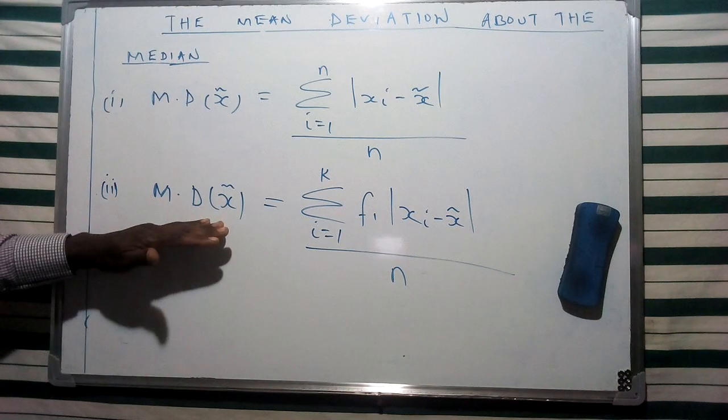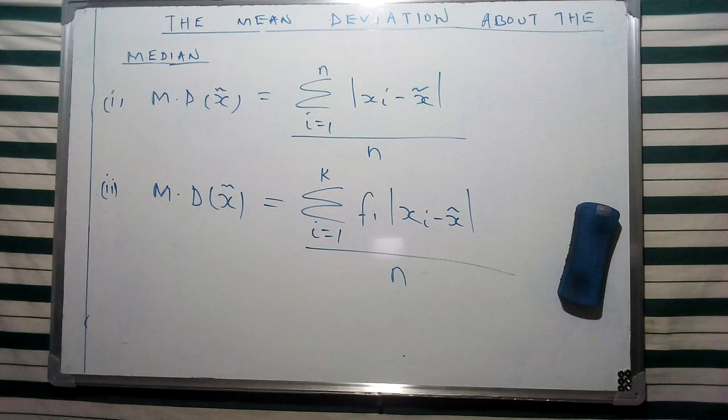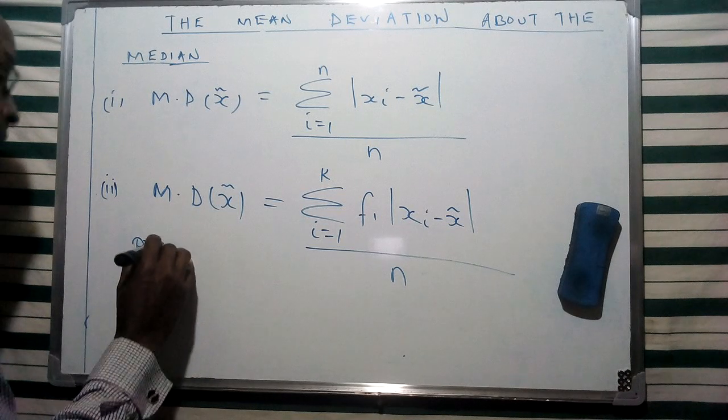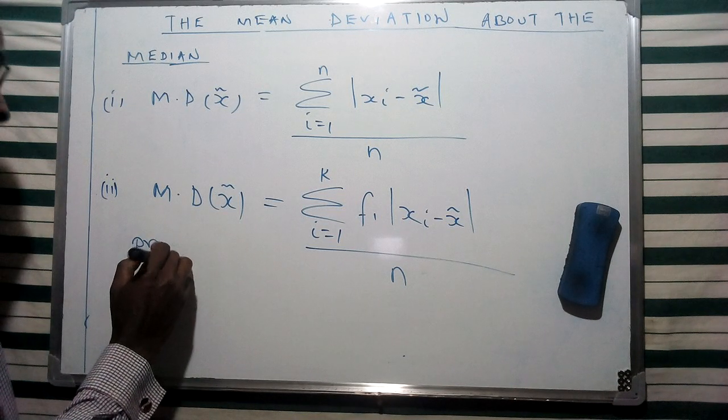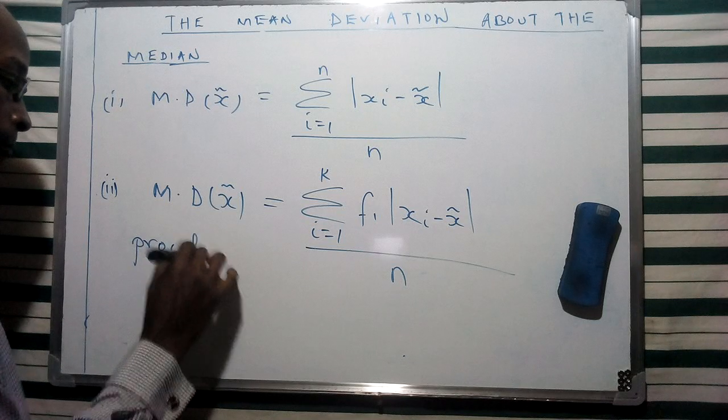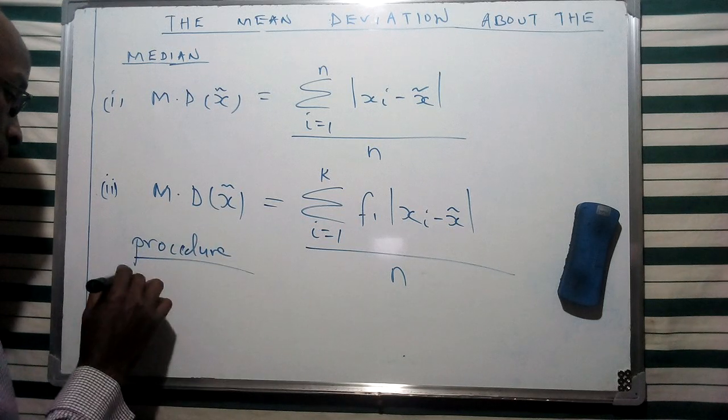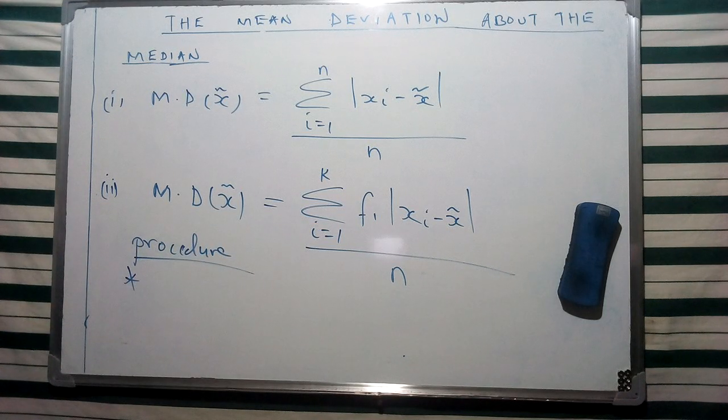And of course, these are going to constitute similar steps for finding this specific mean deviation about the median, by first evaluating the median.